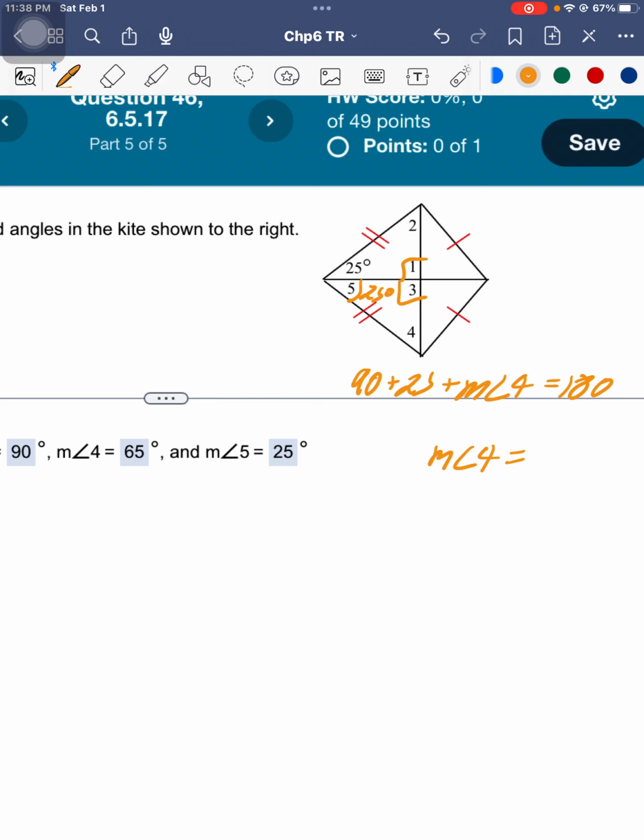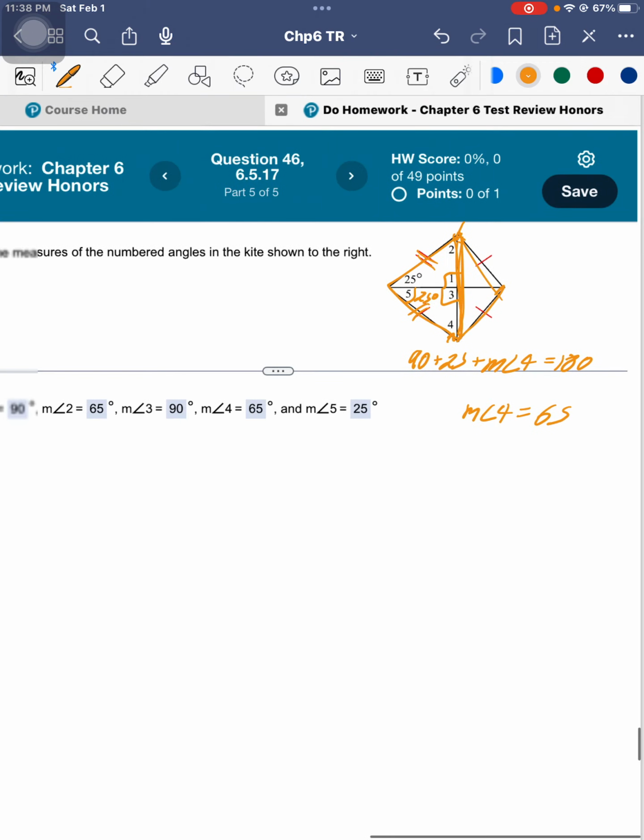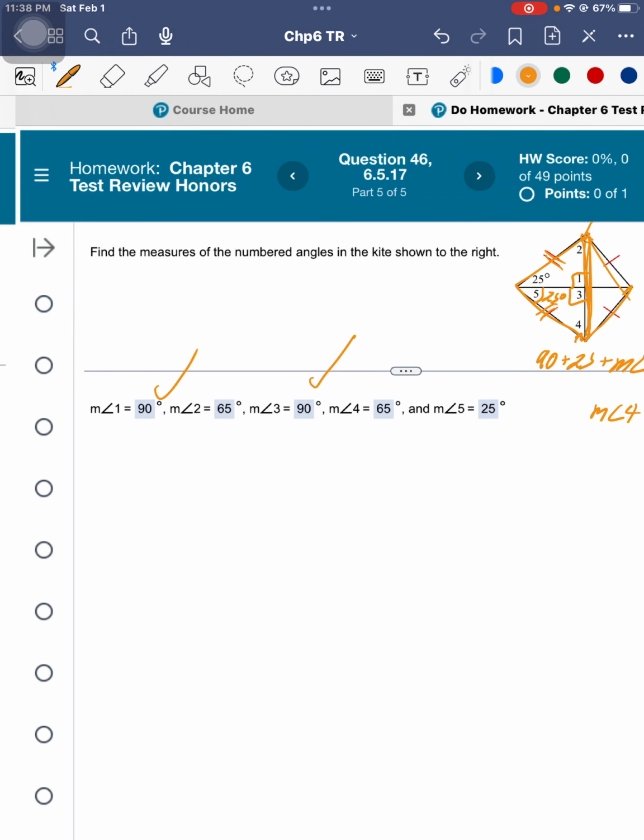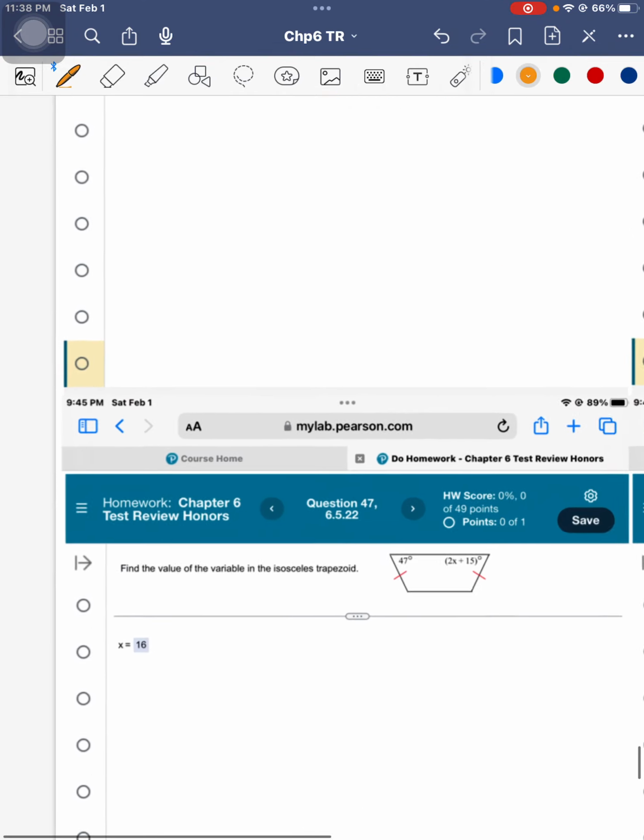The measure of angle 4 would be 65. So this is 65. That means 2 also has to be 65 because of the isosceles triangle that's within every kite. You actually have 2 isosceles triangles. So 90, 90, 65, 65, and then 25 for right here.